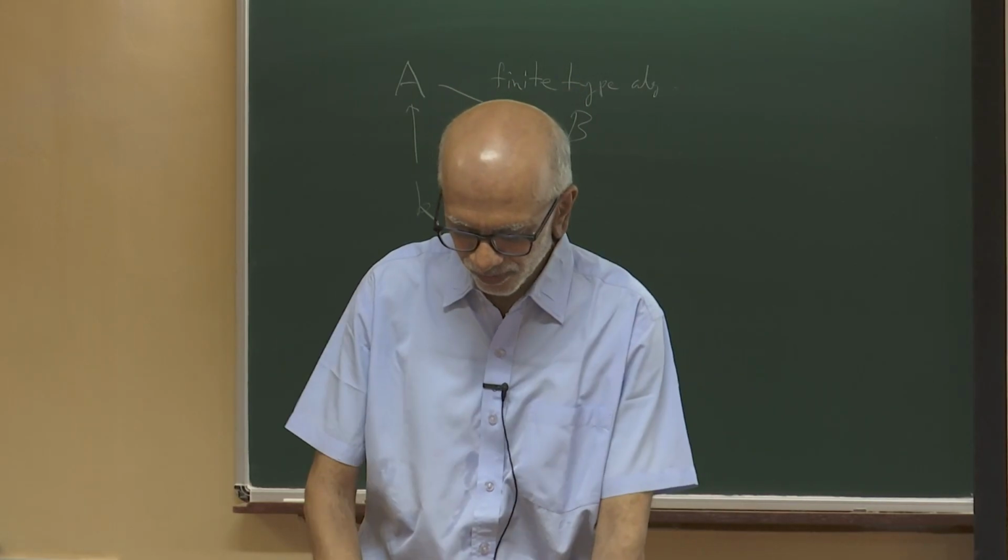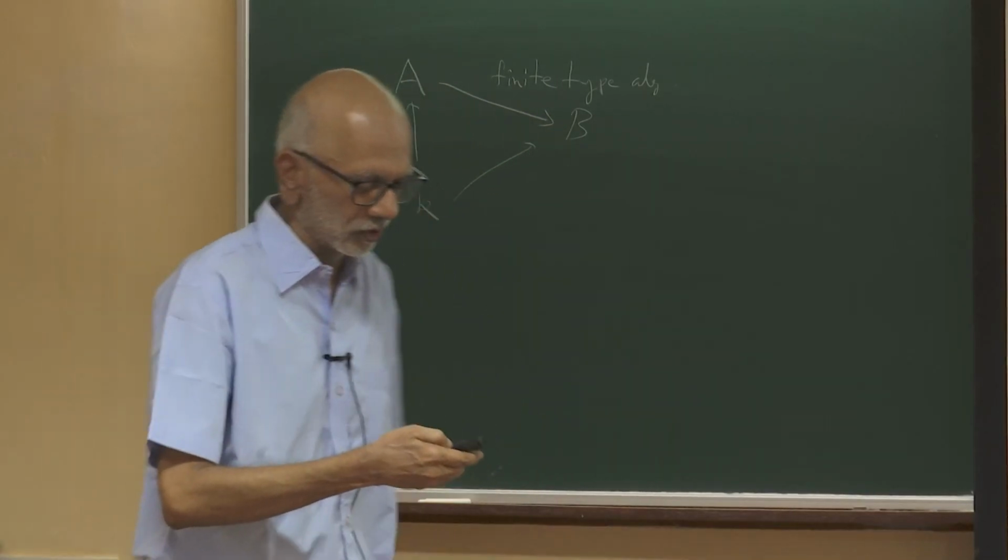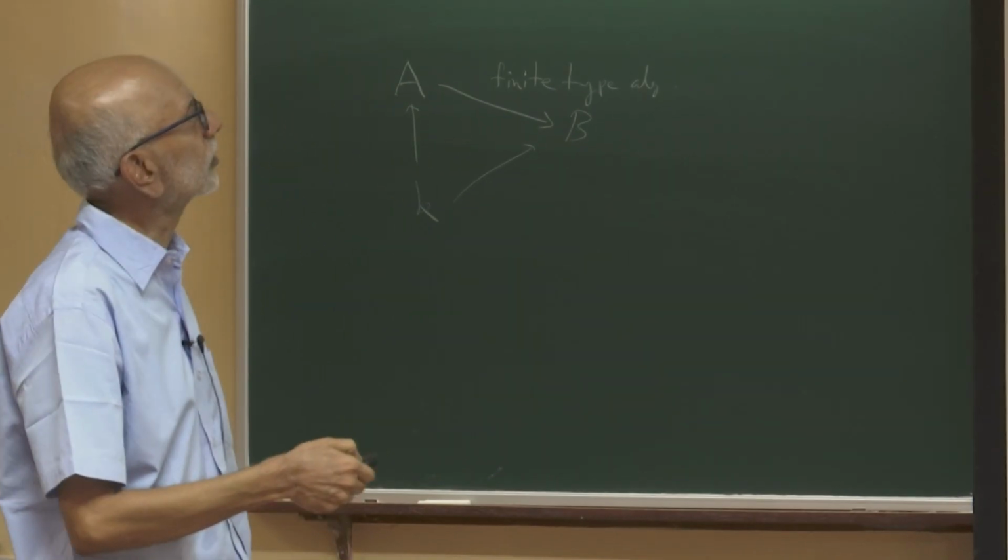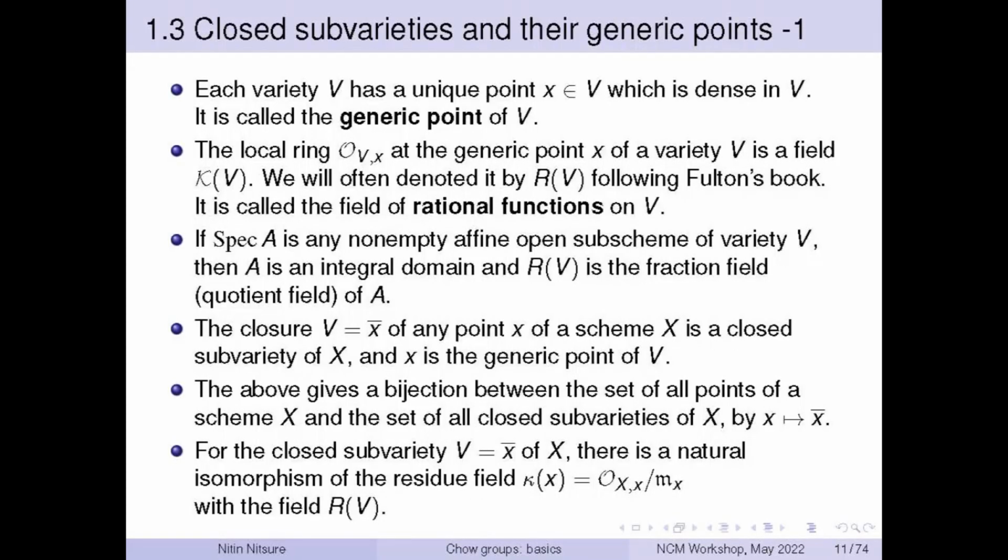Because there is this simple 1-1 correspondence, and the correspondence goes like this. So first of all, let's look at what I have written. Each variety has a unique point, which is dense in that variety, that's a generic point. The local ring at that generic point is a field, and that's called the rational function field of that variety. And Fulton's book, which is our main textbook, calls it rational functions on V. That's why this R there.